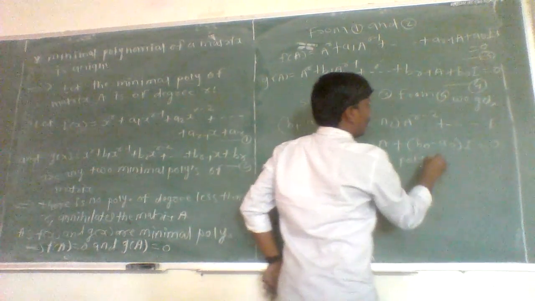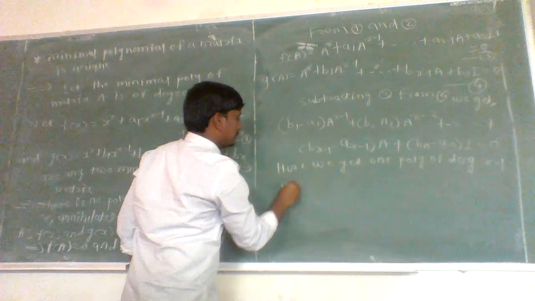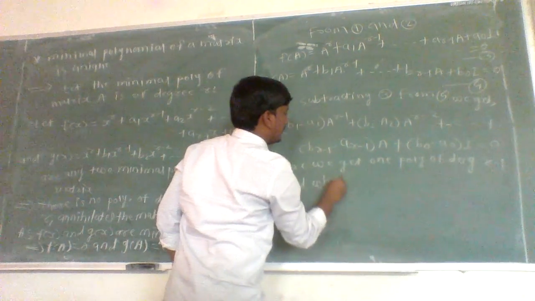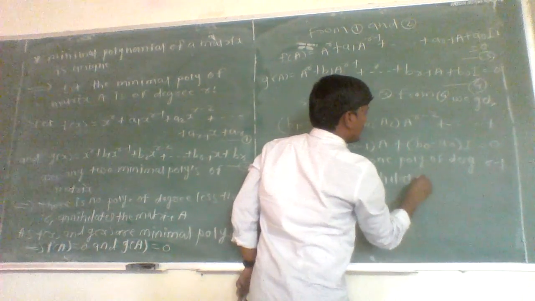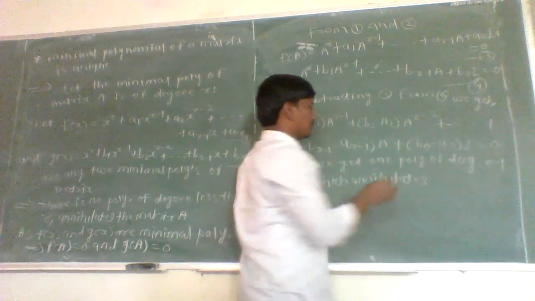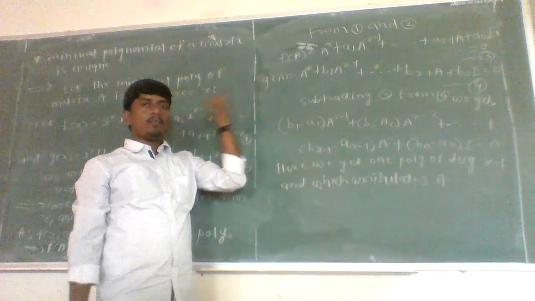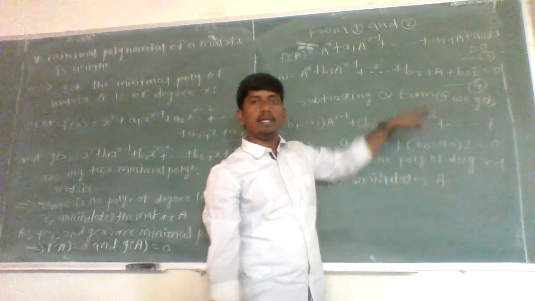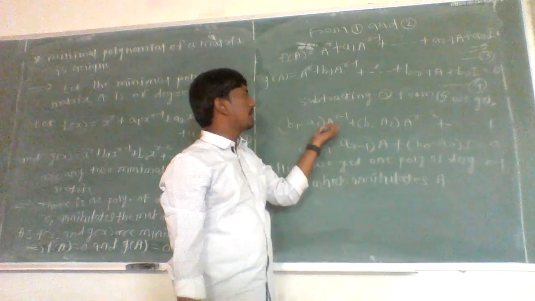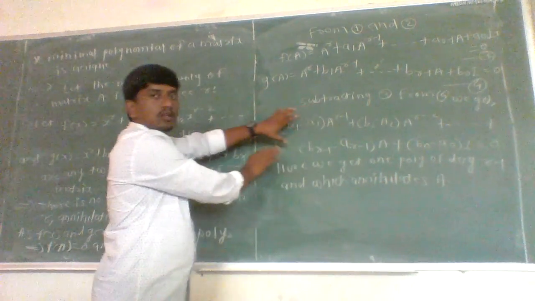So here we get one polynomial of degree r minus 1, which is less than r, and which annihilates the matrix A. Annihilates means if we put the matrix A, then the corresponding value will be equal to 0. This is a contradiction to the definition of minimal polynomial, since we have assumed that the minimal polynomial of matrix A has degree r, but here we get one polynomial of degree r minus 1 which annihilates the matrix A. So this is not possible.